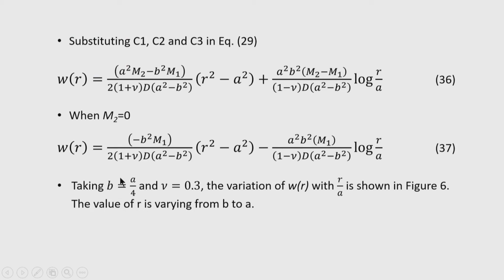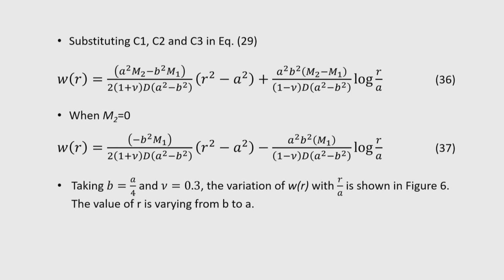Now, let us see how the deflected surface varies with r by a ratio. The range of r is from b to a, where b is the inner radius and a is the outer radius. To illustrate the solution, we have taken the inner radius as 1/4 of the outer radius, and we have taken a steel plate whose Poisson ratio is 0.3.